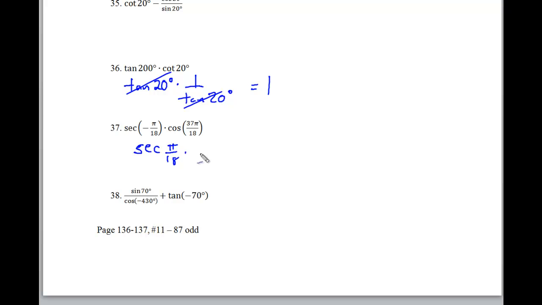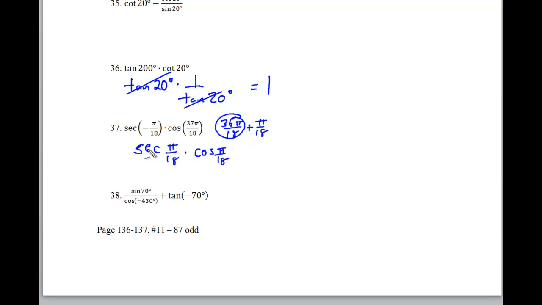Now the cosine, we are again going to work on this a little bit. 18 times 2 is 36, so you can have 36 pi over 18 plus pi over 18. You see what is happening here? This is 2 pi, a full revolution, so this can be written as cosine of pi over 18.